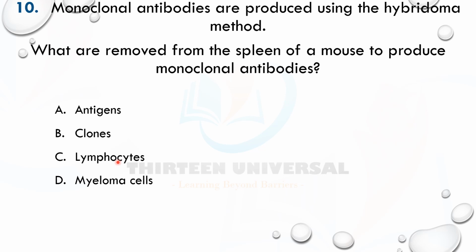Once you inject the antigen into the mammal, an immune response occurs and forms plasma cells. The plasma cells are lymphocytes, and they are fused with myeloma cells to form hybridoma. So this is what we remove there. Okay, C.